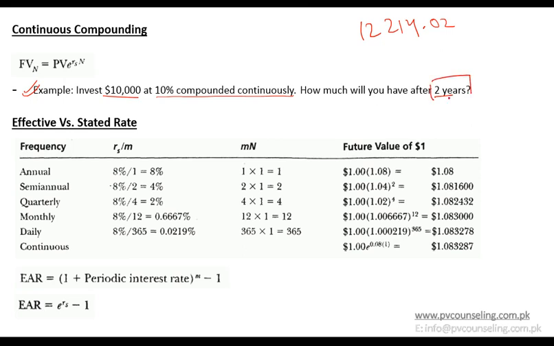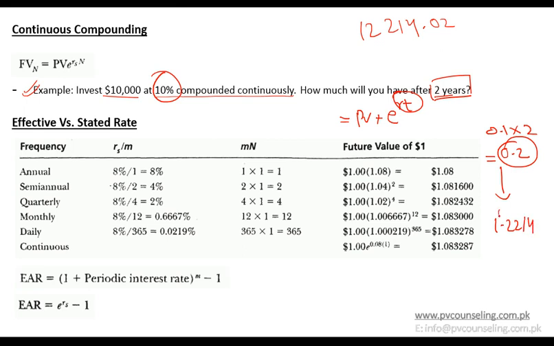Simply, first you calculate, so it should be PV times e to the power RT. So first you calculate R times T. R is 10%, 0.1, and T is 2 years. So 0.1 times 2 would give you 0.2, and then you take it as power of e, and when you take 0.2 as power of e, it should give you 1.2214.